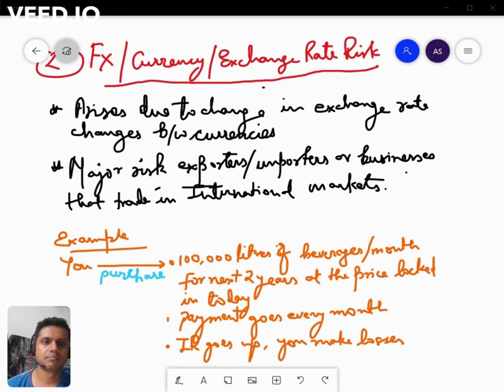FX risk can further be classified into transaction risk, economic risk, and translation risk as well. Again, the details of these I'll probably take up in a separate session when I'll be talking about the foreign exchange rate risk.